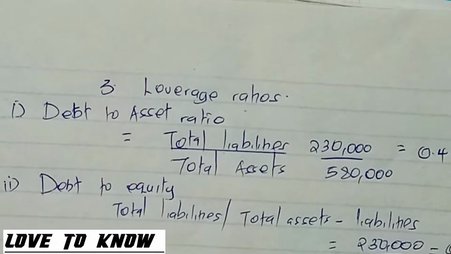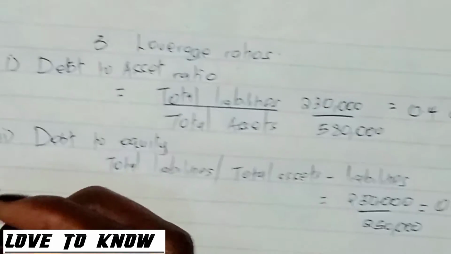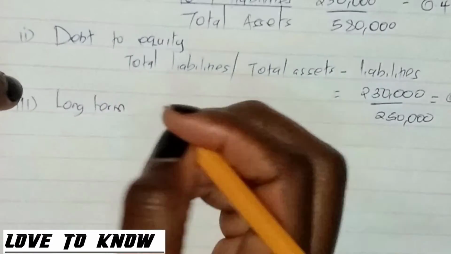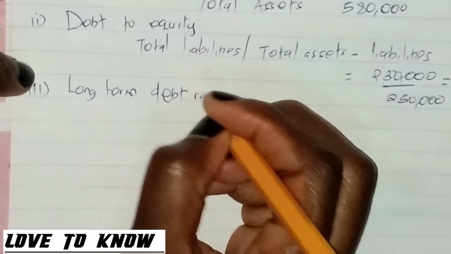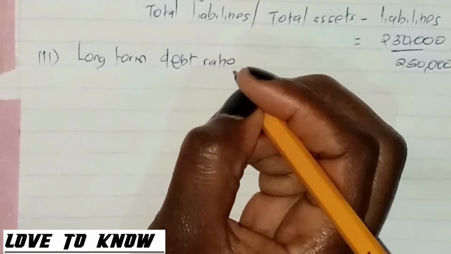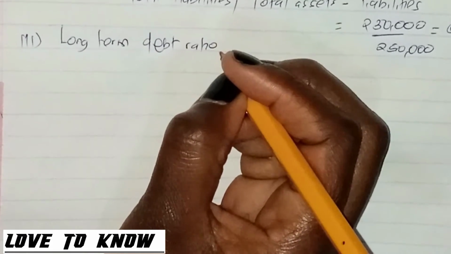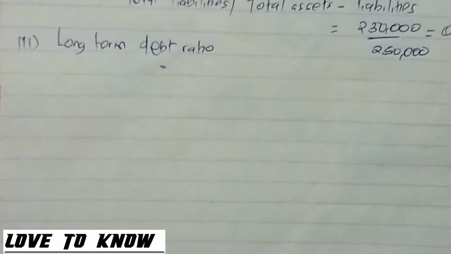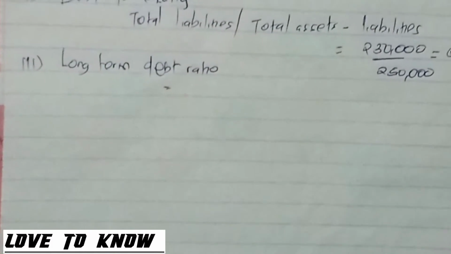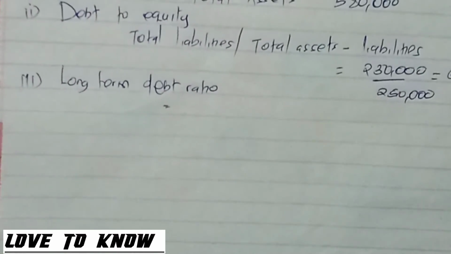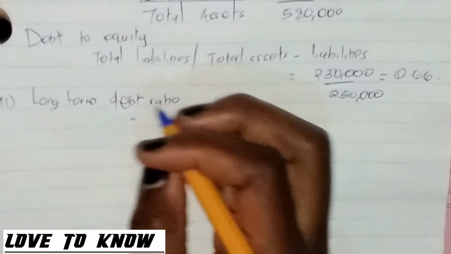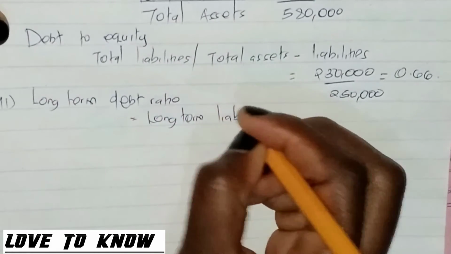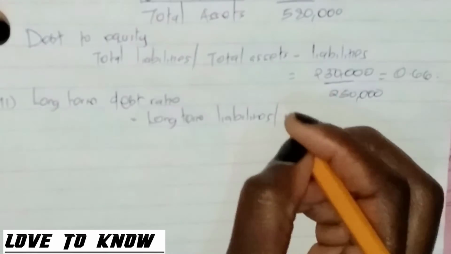The third type is the long-term debt ratio. The long-term debt ratio is calculated by dividing the long-term liabilities by the net assets.